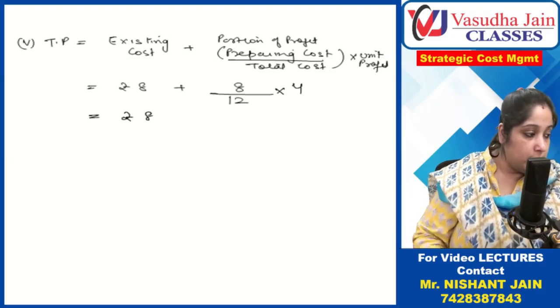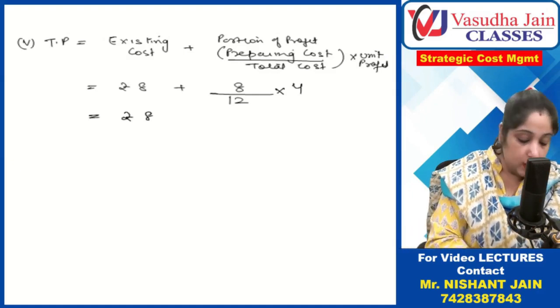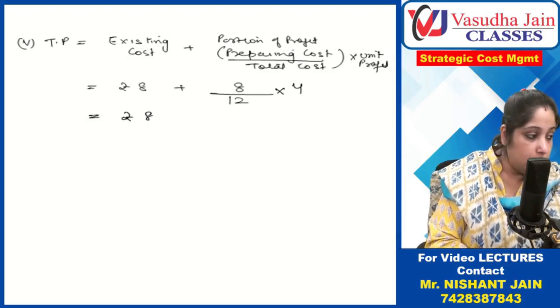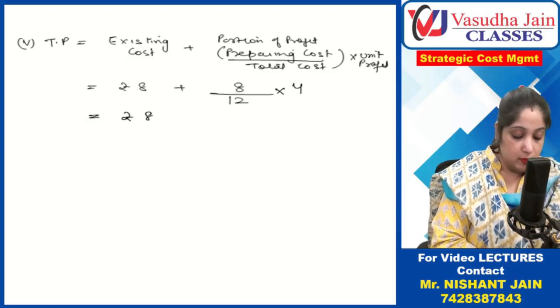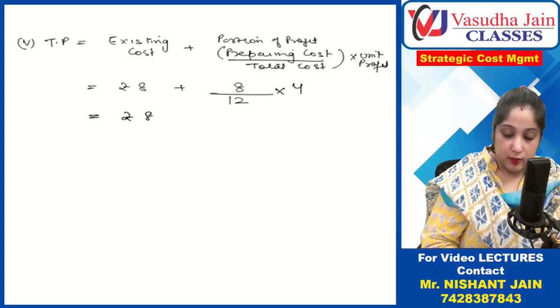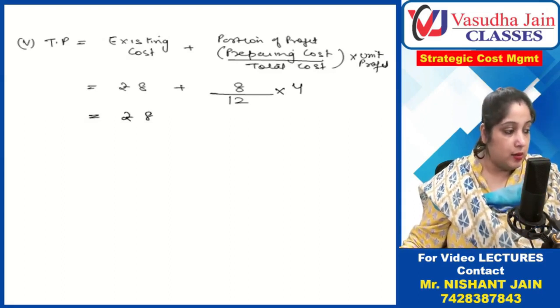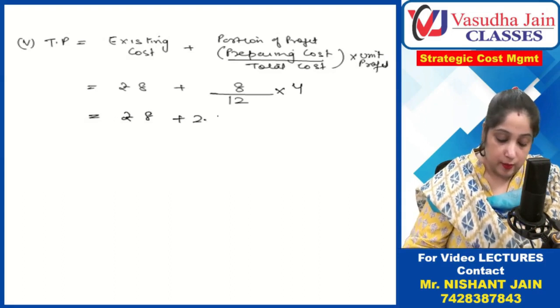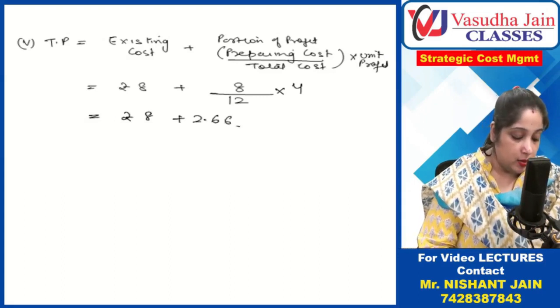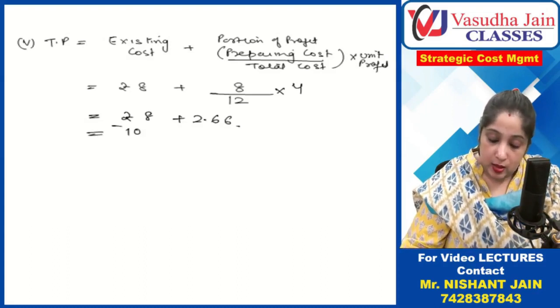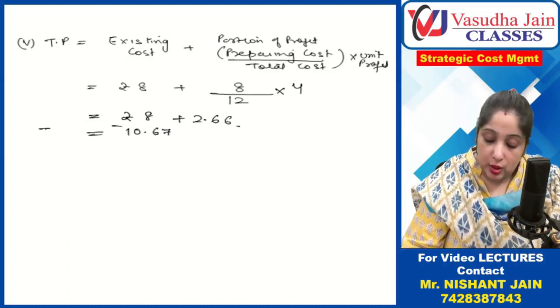How much do you get? 8 into 4 divided by 12, so it is 2.666, plus 8. So you get 10.67. This is your transfer price.